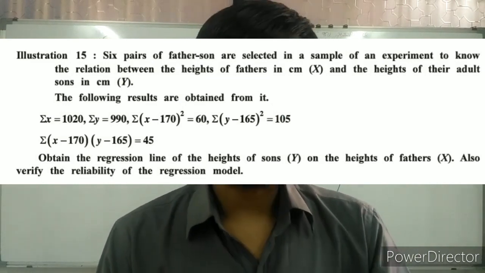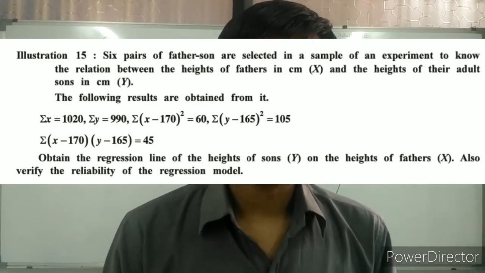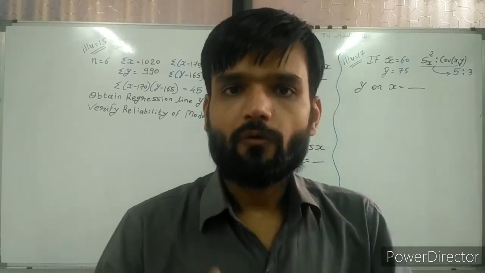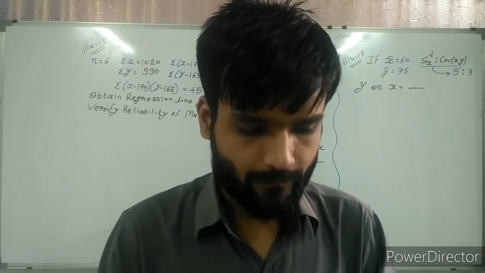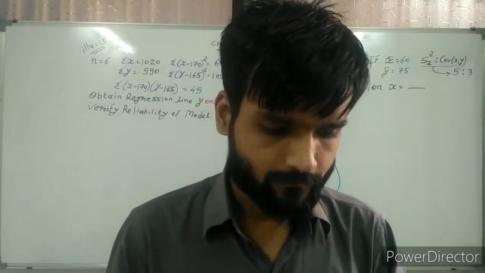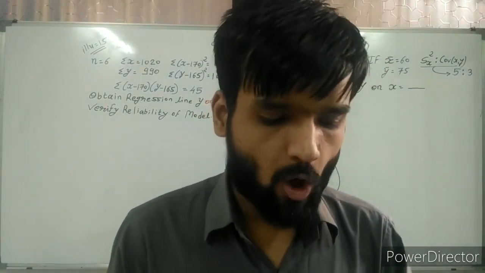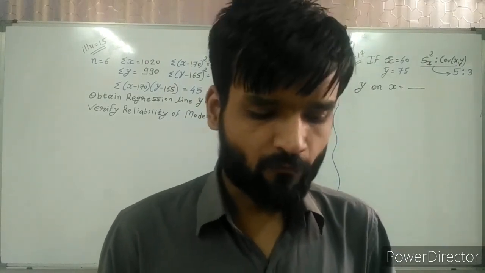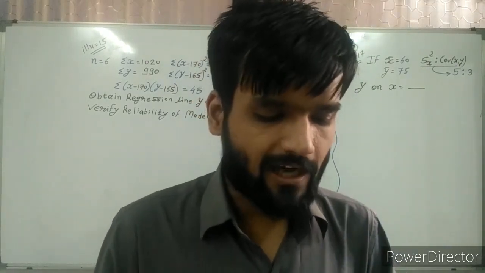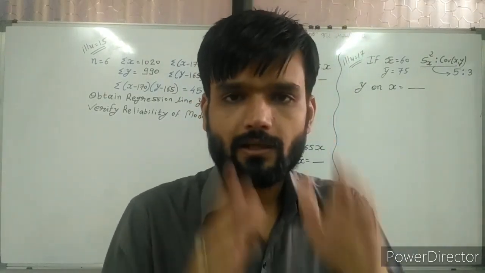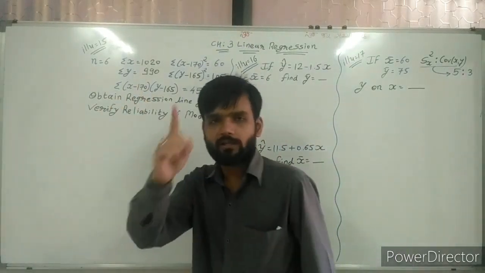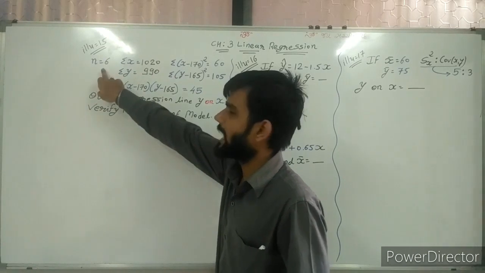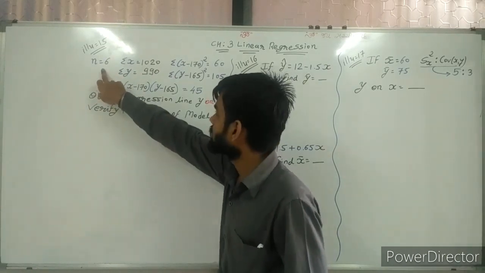Why have we taken a sample of father and son? Because we need to understand the relation between their heights. The following results are obtained from it, and I have written them here. Only one thing: 6 pairs are taken, so n is equal to 6.